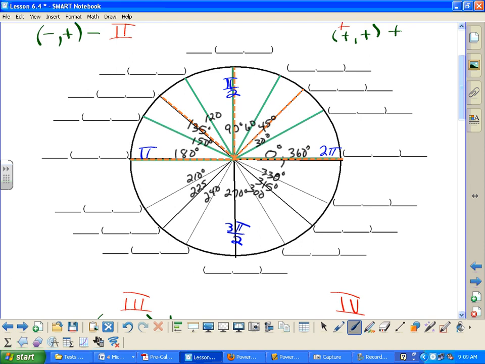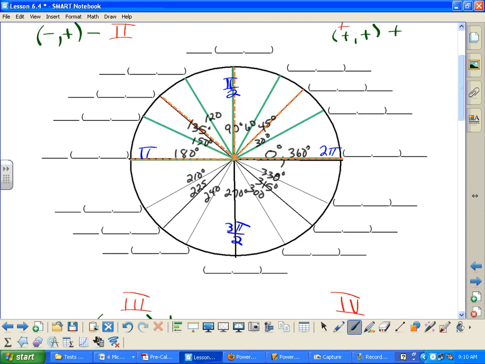Our green lines divided the top half of the circle into how many pieces again? 6. So if the top half of the circle has a length of pi, and I divide it into 6, how much is each piece then? 1/6 pi, or pi over 6.